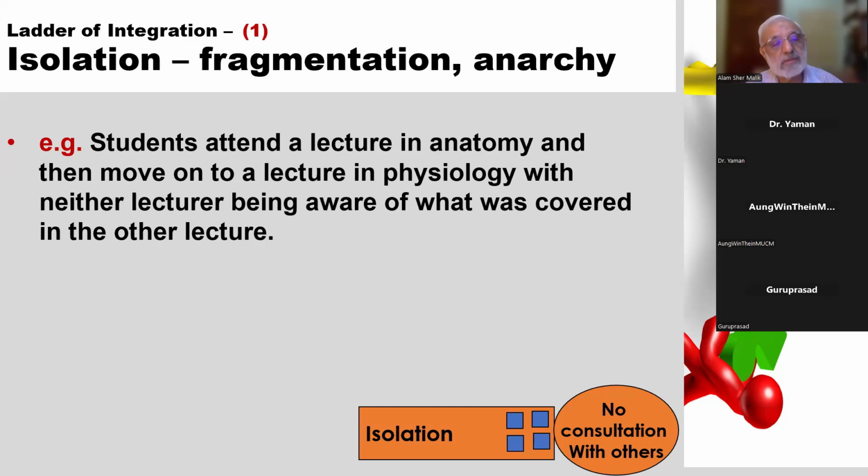I think this is the level at which at least I was trained as a medical student, where the lecturer in anatomy doesn't know what is being taught in physiology, and the physiology lecturer doesn't know what is being taught in anatomy.